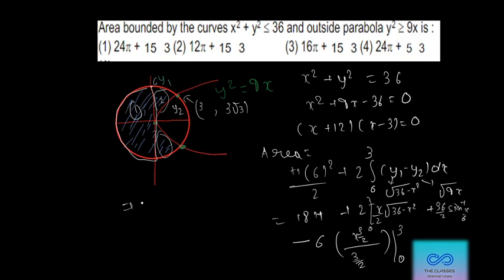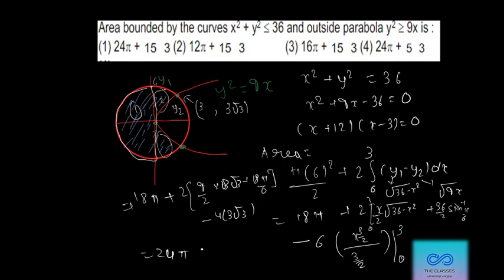So from here we will finally get 18 pi plus 2 into 9 by 2 into 3 root 3 plus 18 pi by 6 minus 4 into 3 root 3. After solving this we will get 24 pi plus 15 root 3, and so our option is 24 pi plus 15 root 3.